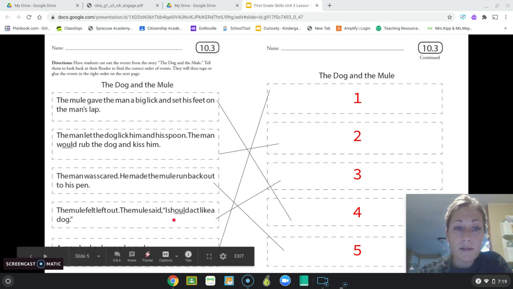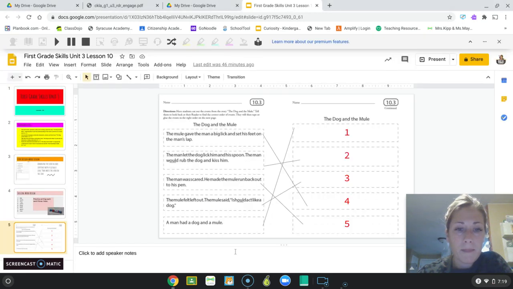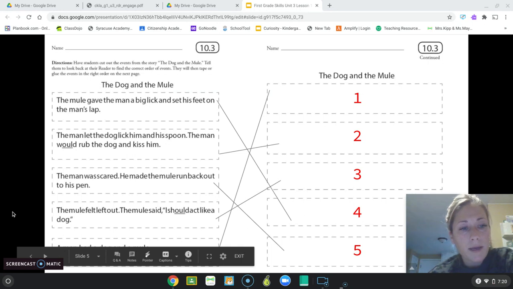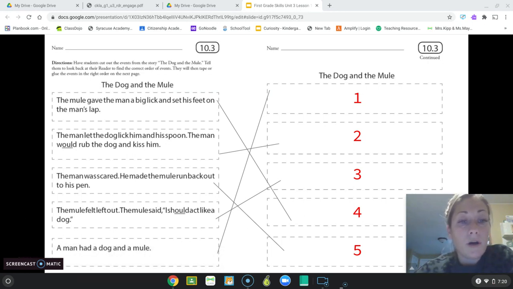The mule felt left out. The mule said, I should act like a dog. And then at the end, the last one says, a man had a dog and a mule. That bar always gets in my way. So what we want to do is put these events in order, how they happened in the story.